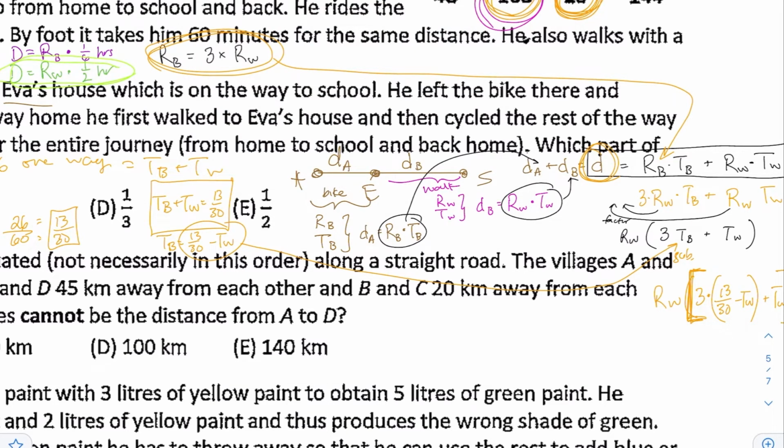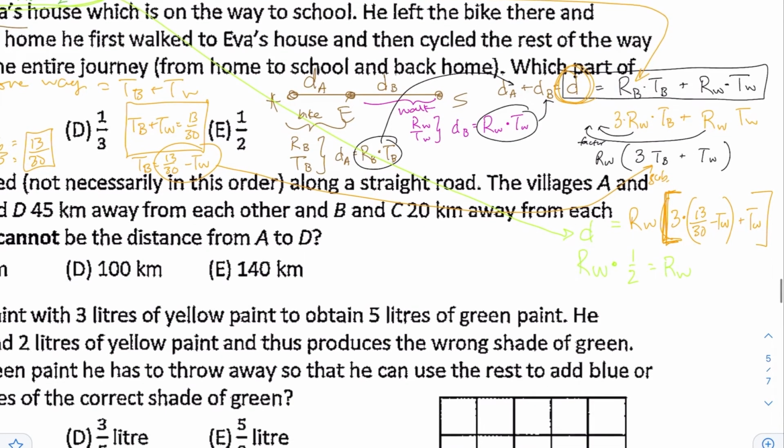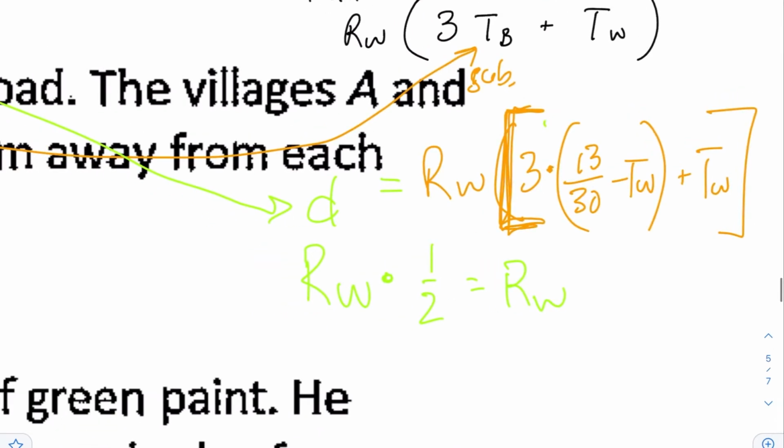Since RW times 1/2 is equal to the distance d, this is equal to the distance d, which is equal to this. So we have RW times 1/2. It's going to be equal to RW times, here when you distribute this 3, you have 39 over 30 minus 3 times TW plus just the TW over here.